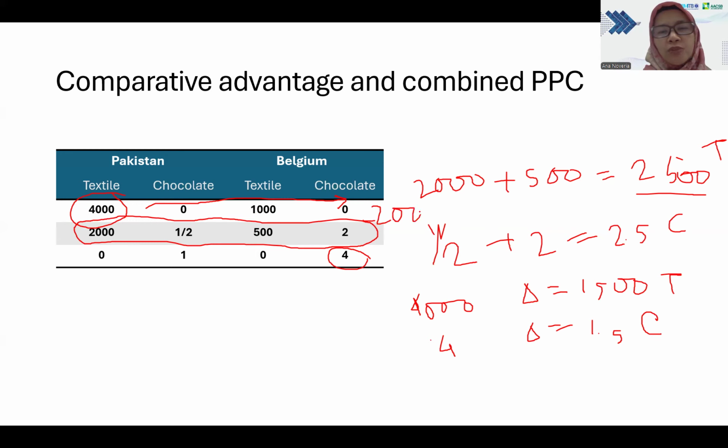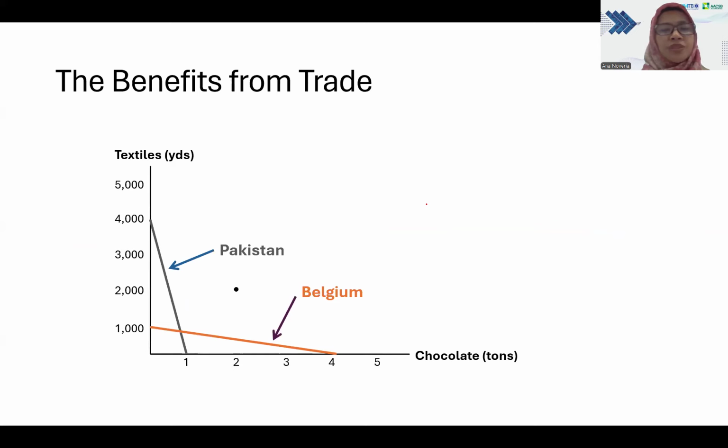And the same is true for Belgium. Belgium is going to consume 2, and they're going to export 2 tons of chocolate. So now we will have this.